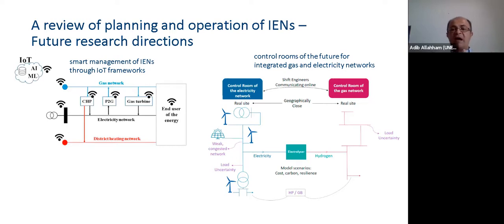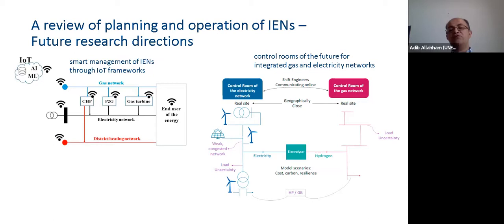So suppose that we have two networks and they are geographically close. We will present later how the integration is very beneficial to provide service to deal with problems like congestions and uncertainty of the load.